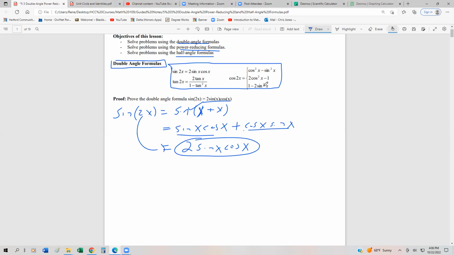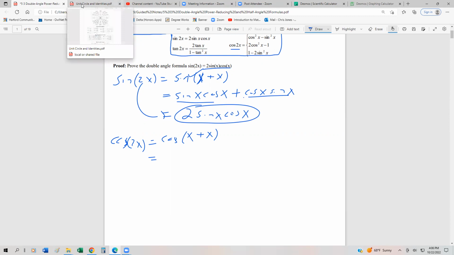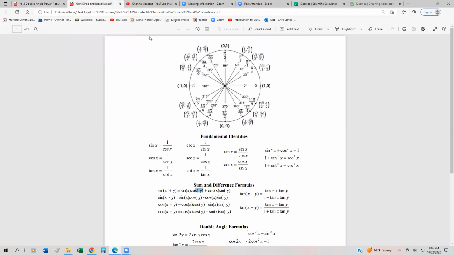If I wanted to prove the cosine of 2x, I could do it the exact same way. I could write cos of 2x as cos of x plus x. If we use our formula for the cosine, cos of x plus y is cos cos minus sine sine.